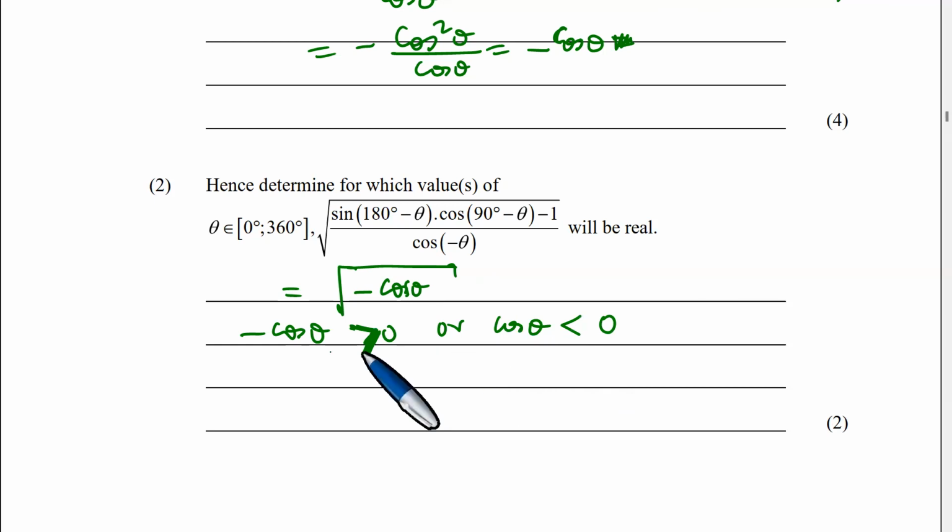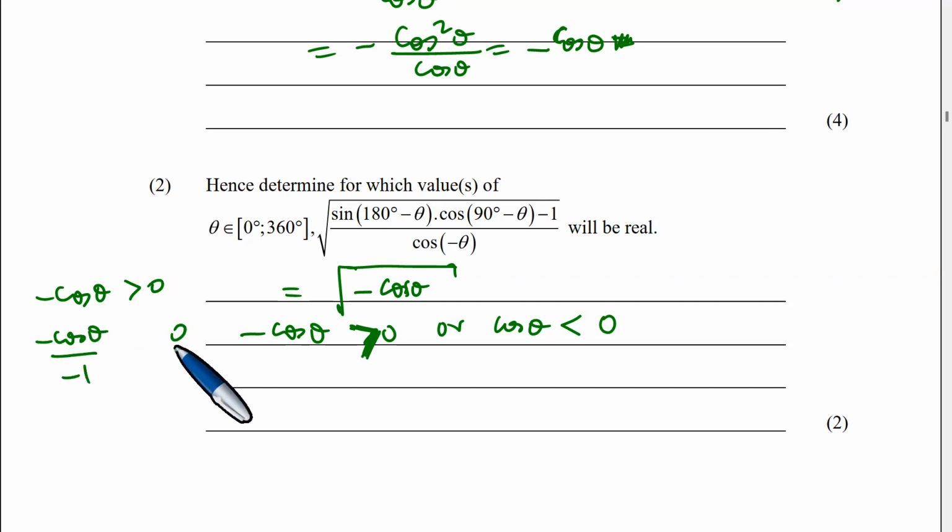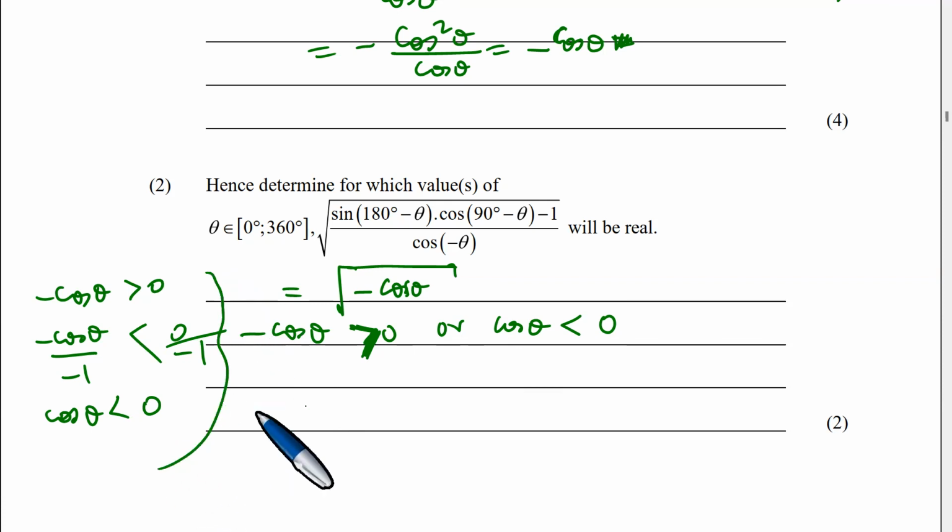This is the same as this, because if minus cosine theta is bigger than 0, you can divide by minus 1 on both sides. The inequality changes direction because we divided by a negative. It was greater, now it becomes less.